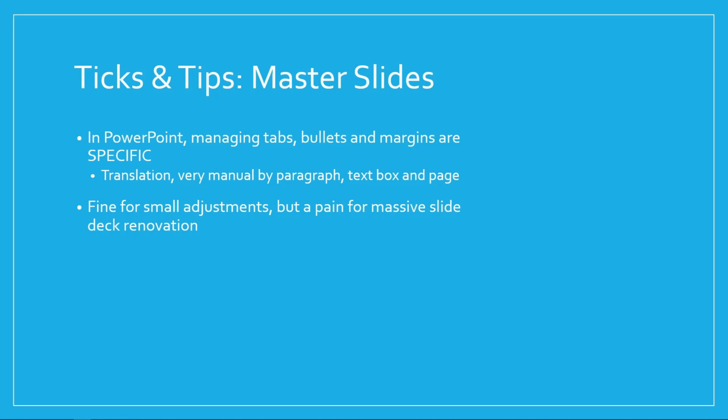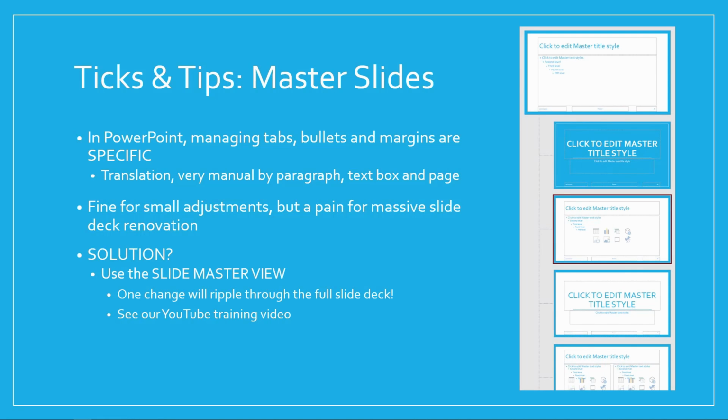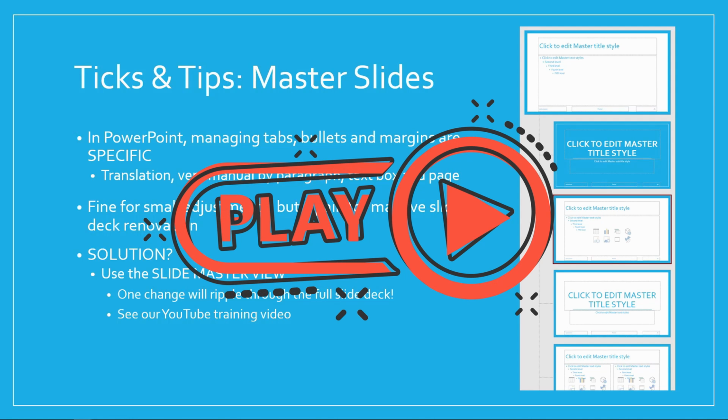Making these adjustments can be a big pain for a large slide deck. The solution? Master slides. In this hidden view, you can make a single change, say to bullet list level number 2, and it flows through the whole presentation. It is awesome, but it does require a whole separate training session, which PowerUp Training can provide.